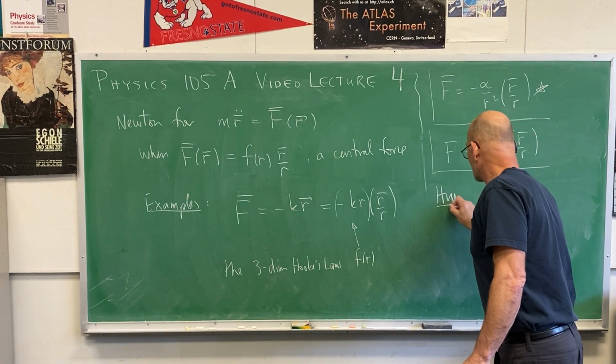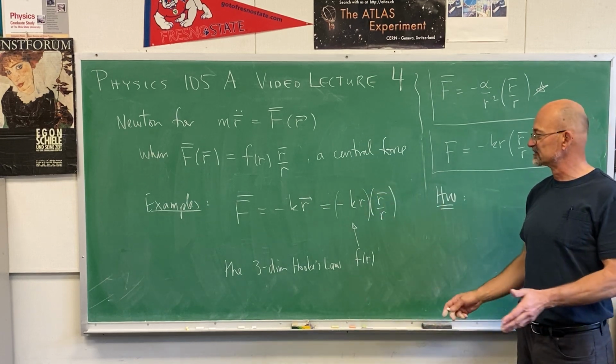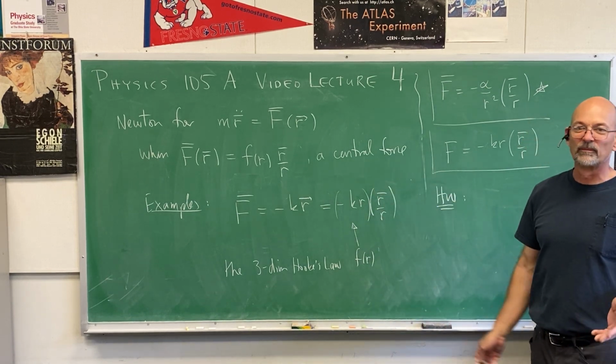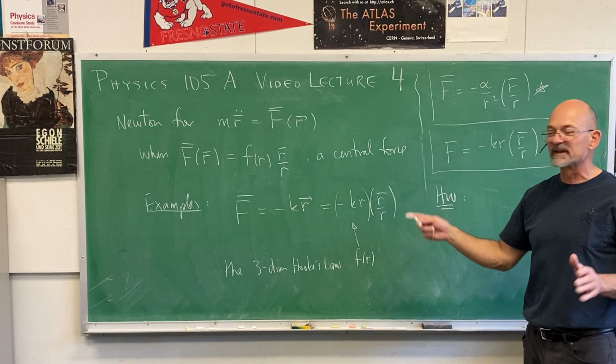Okay. Homework. And these are trivial. I always do them in the lecture, but I'm just going to post the best of both worlds. I'll write down the answer. You guys will do it. It's a trivial calculation.